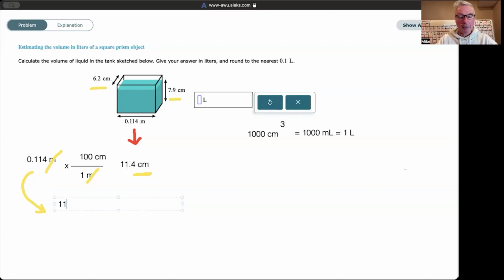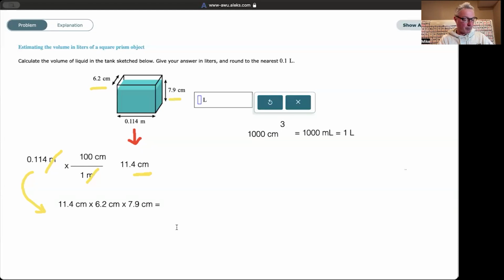So 11.4 centimeters. It doesn't matter what's length, what's width, and what's height. You're going to slap them all together in multiplication world. Anyhow, 6.2 centimeters times 7.9 centimeters equals some number of centimeters cubed. Let's go find out on our calculator.